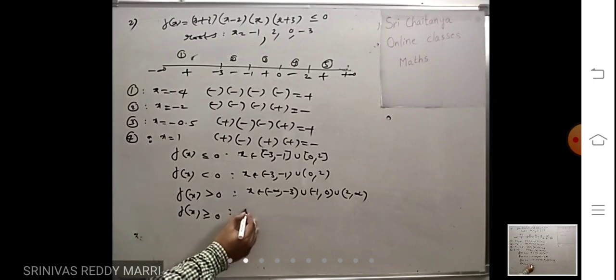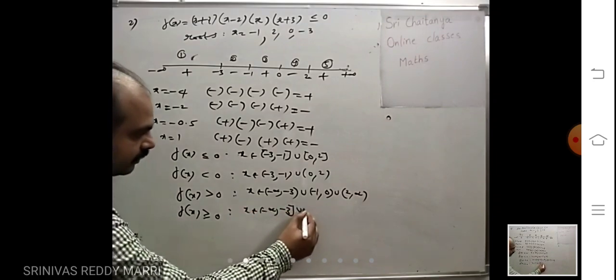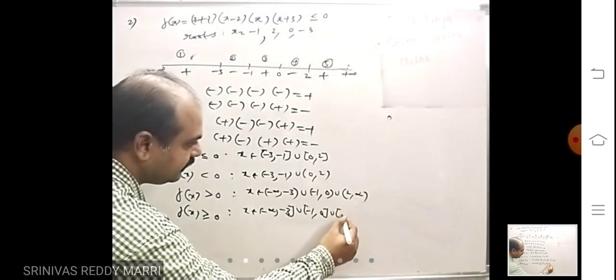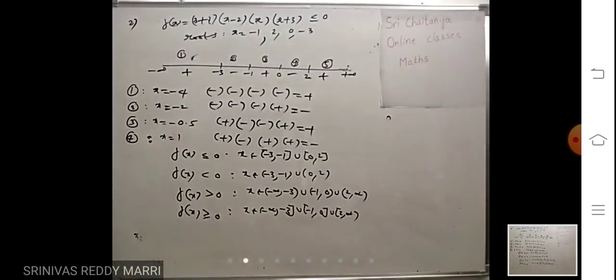Greater than or equal to 0 means plus intervals only in closed brackets, union 2 comma infinity. This is the answer. If any doubt, ask me.